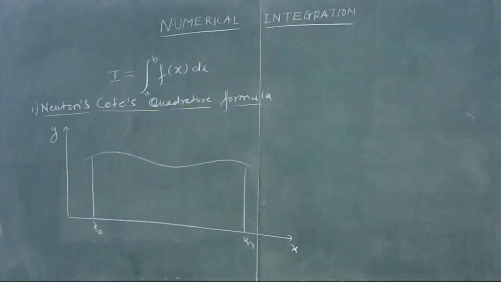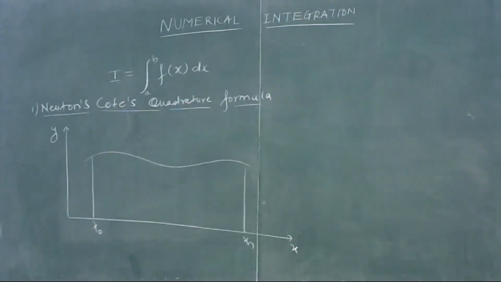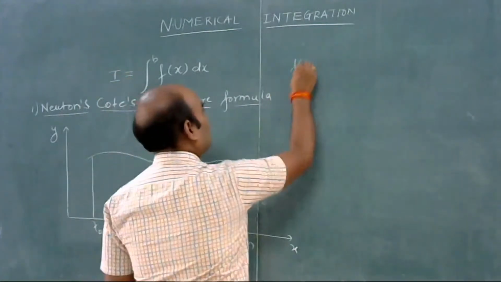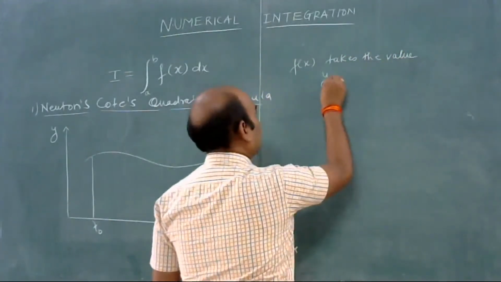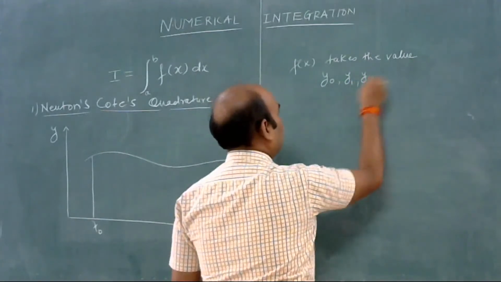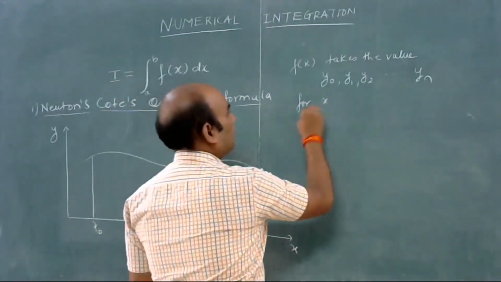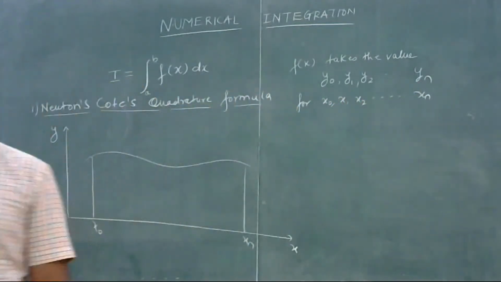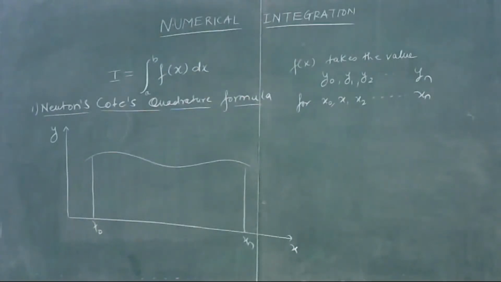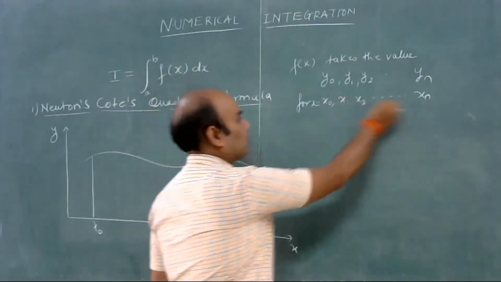Okay, so let I is equal to integration a to b f of x dx, where f of x takes the values y0, y1, y2 up to yn for x is equal to x0, x1, x2 up to xn.